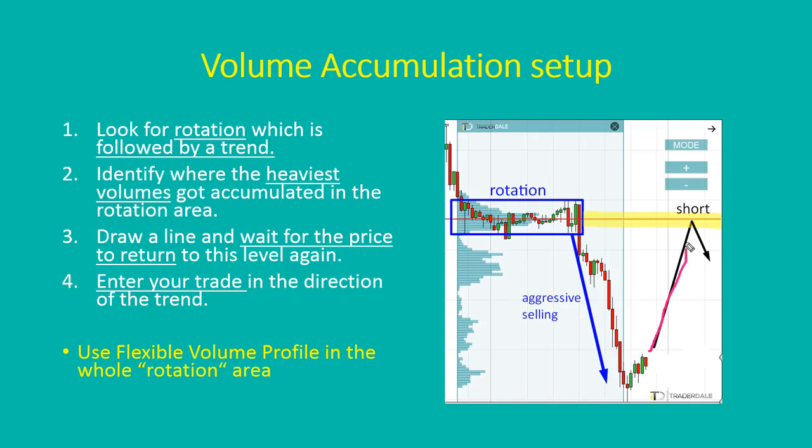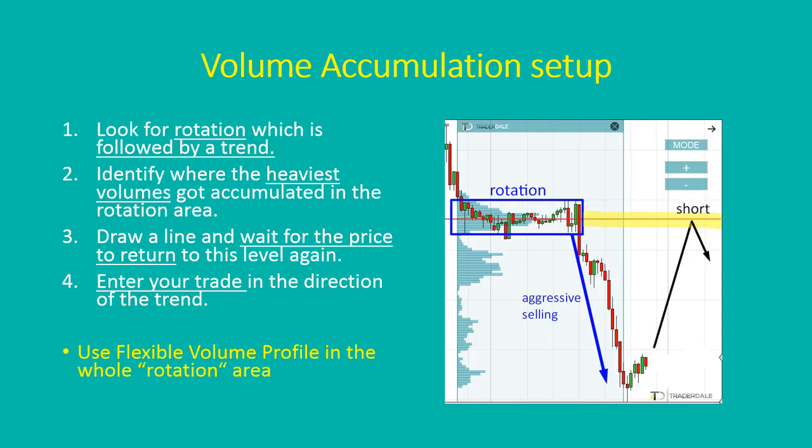And when the price returns to the level again, to the place where the heavy volumes get accumulated, the reason there's a reaction is that those sellers are defending their selling positions and they are trying to push the price downwards aggressively to protect their positions. Alright, this is reason number one. Sellers protecting their positions. Or if it was an uptrend, then it would be buyers protecting their positions.